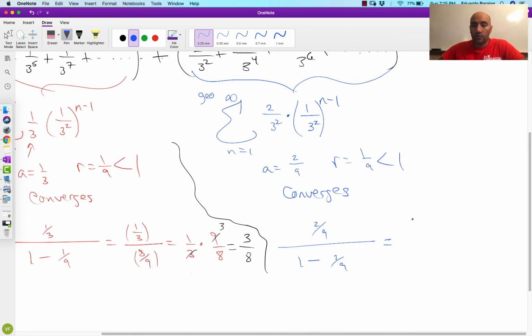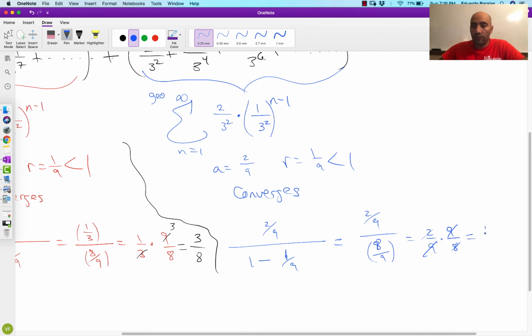Sorry, this is divided by 8/9. So then it equals 2/9 times 9 over 8. The 9's cancel. The 2 and the 8 reduce. And so the whole thing equals 1/4.